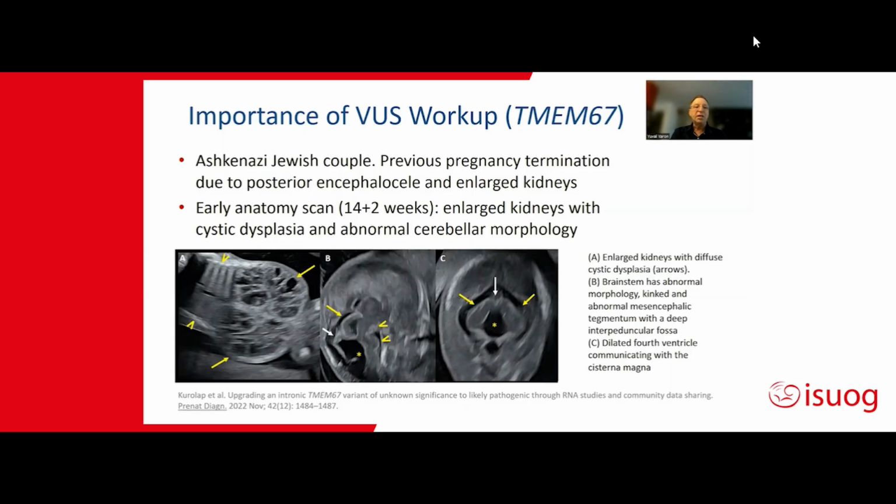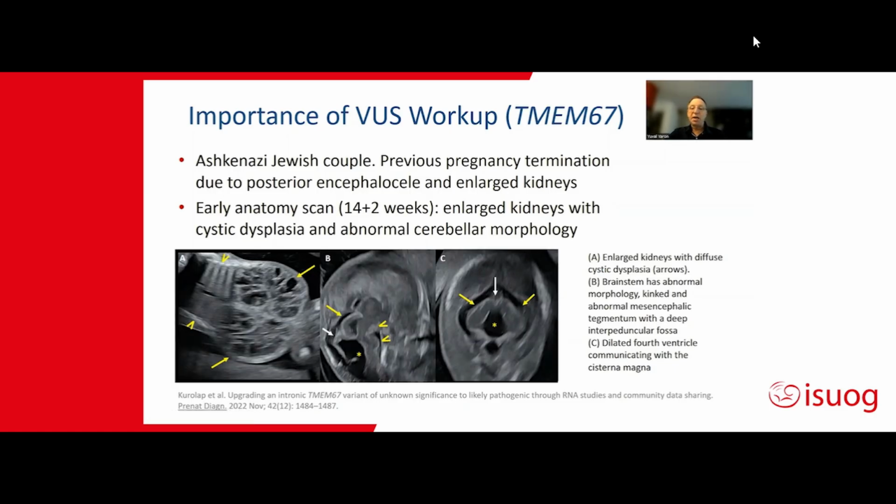So this is a case of an Ashkenazi Jewish couple. They had a previous pregnancy terminated because of posterior encephalocele and large kidneys. And then in the index pregnancy, they had an early anatomy scan as early as 14 weeks that showed extremely large kidneys with cystic dysplasia and abnormal cerebellar morphology.